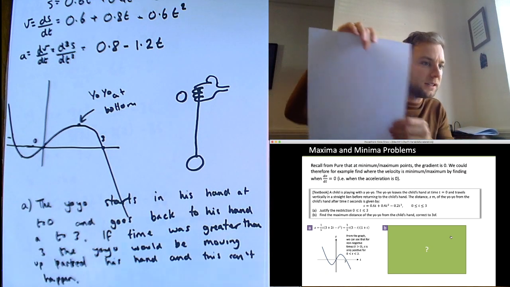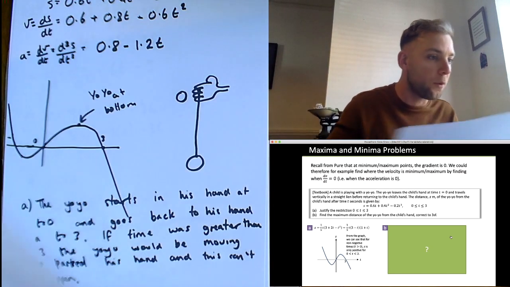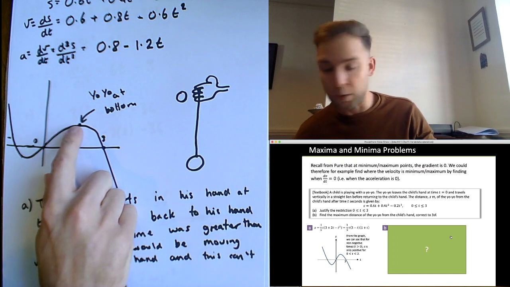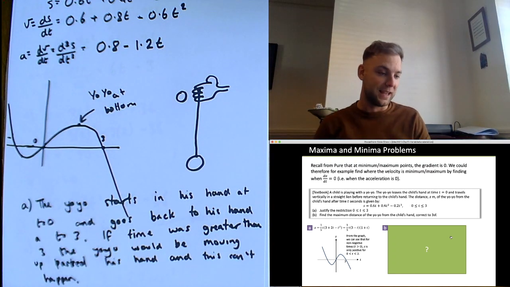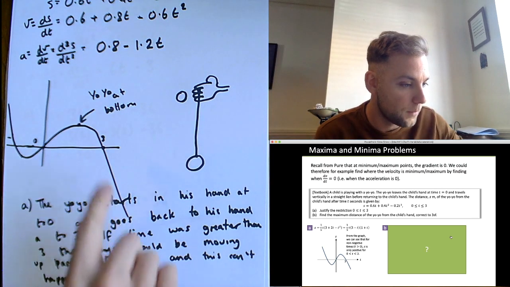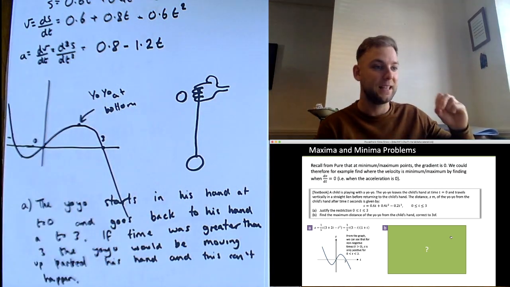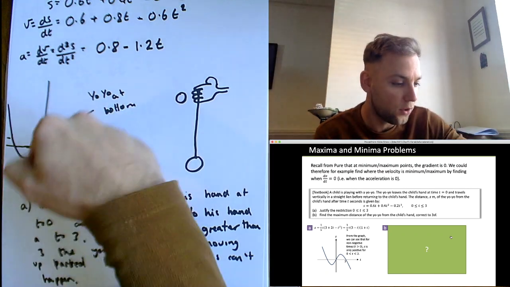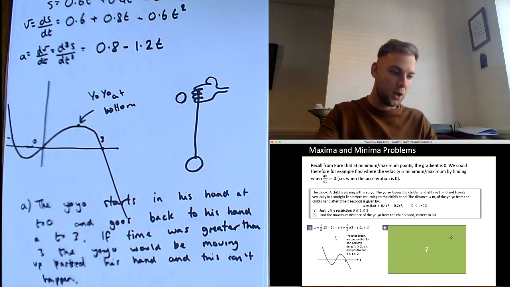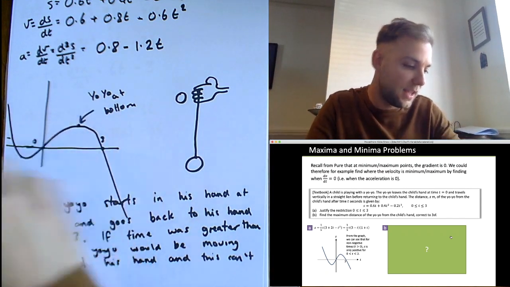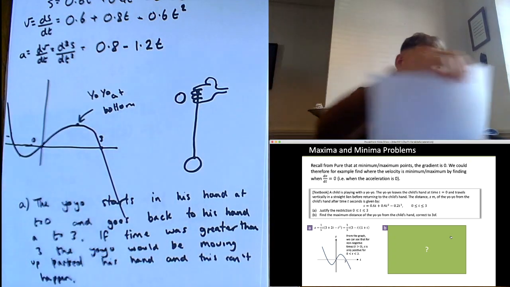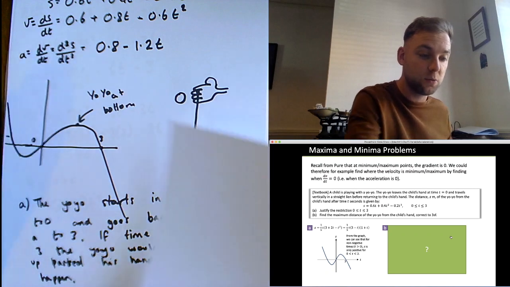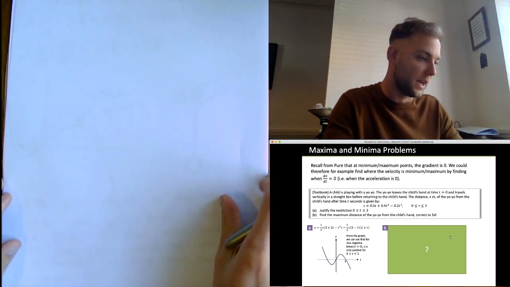Find the maximum distance of the yo-yo from the child's hands. Well, this is the thing that we're looking at here. We're trying to find this maximum distance here. And we're finding this when the velocity is equal to 0. So when the velocity is equal to 0, we know this here is going to be the maximum point. So it's worth stating that straight away. I don't think we actually needed to work out the acceleration in this, but that's okay.